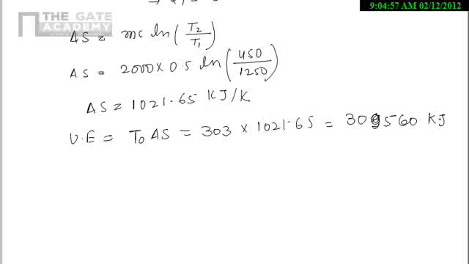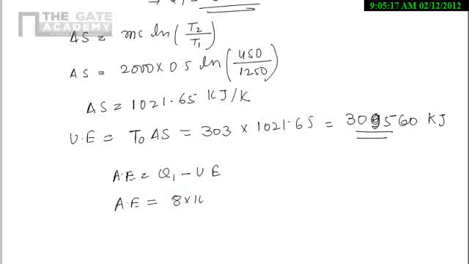Now we have Q1 and unavailable energy, so we can find the available energy. Available energy will be Q1 minus unavailable energy. So Q1 is 8 into 10 to the power 5 minus 309,560.